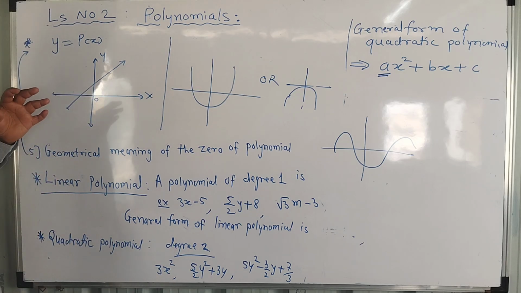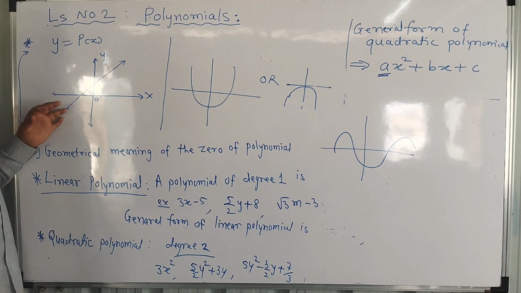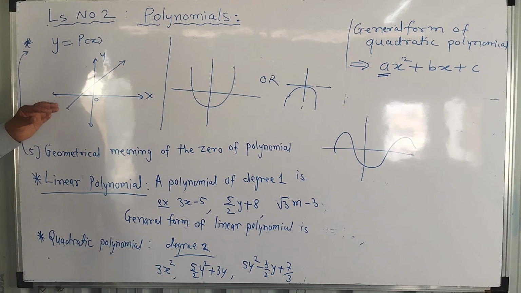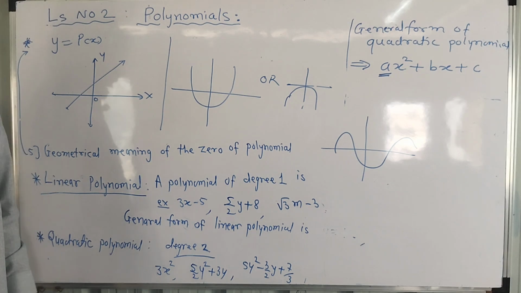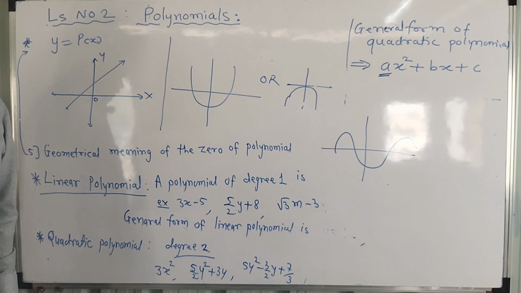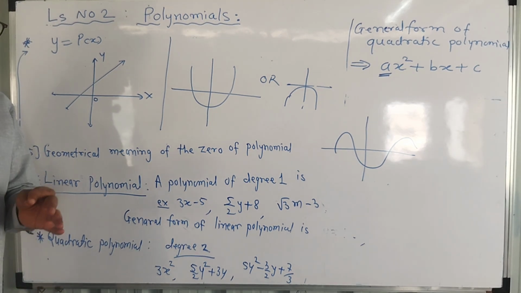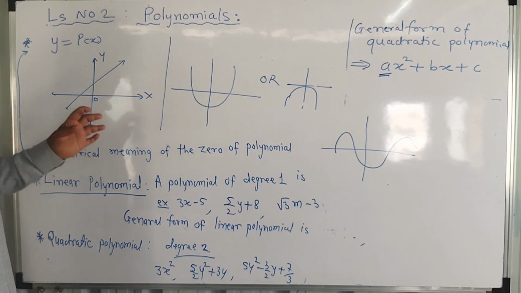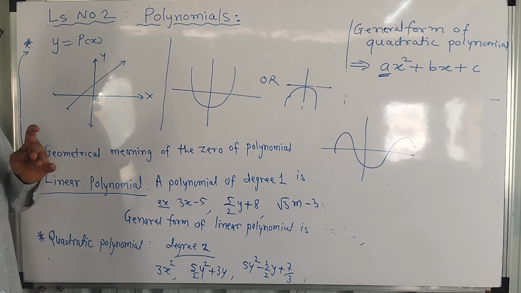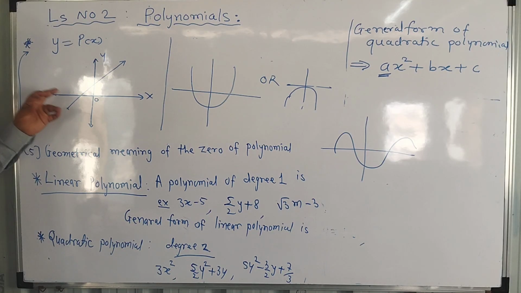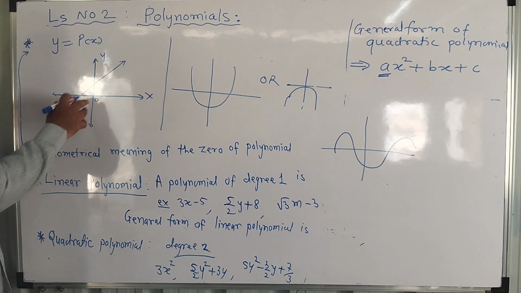So if the graph or the line of the given polynomial intersects the x-axis, then the number of points at which the graph intersects the x-axis, not y-axis, those number of points are the number of zeros. Now look at this graph.